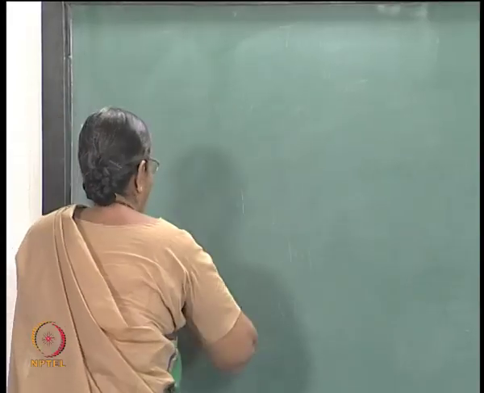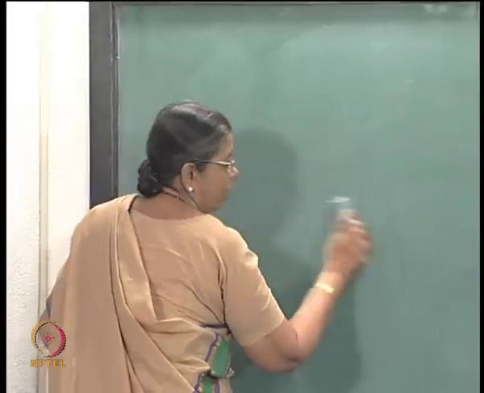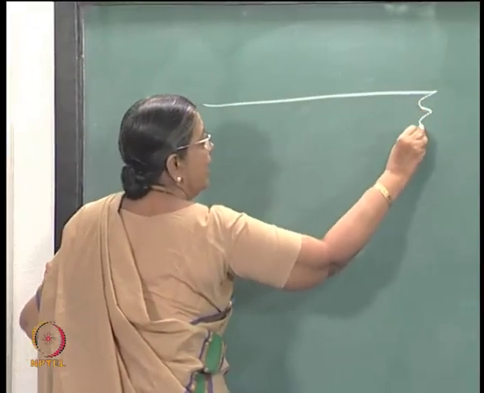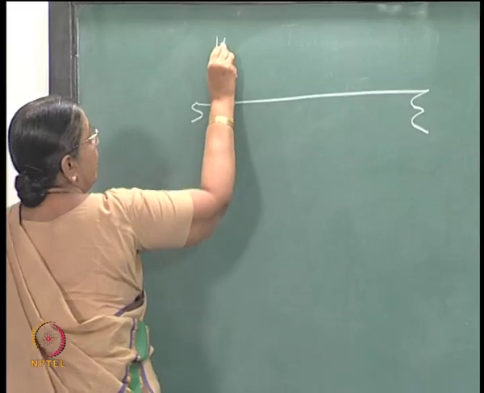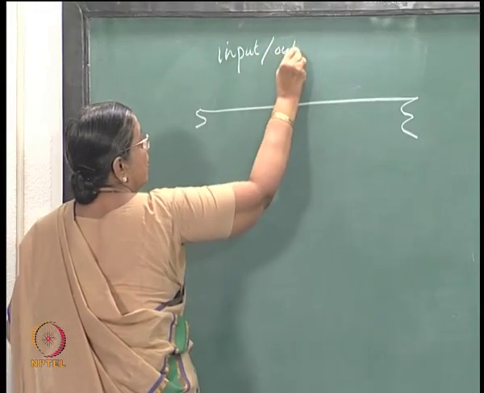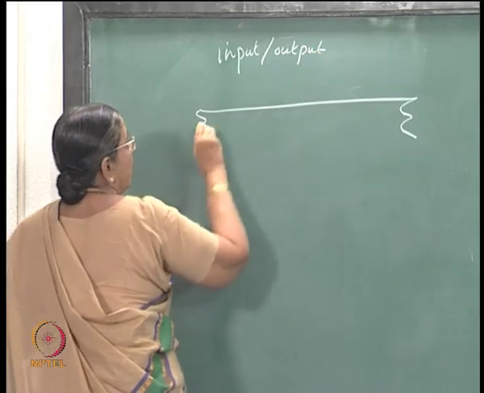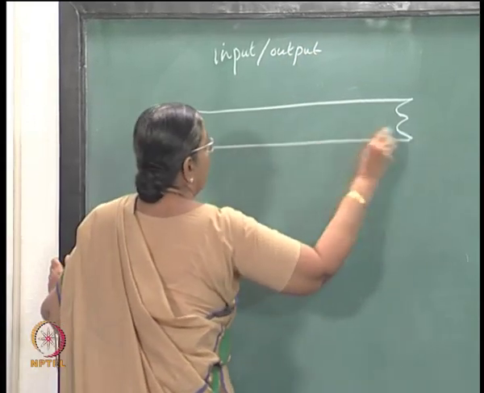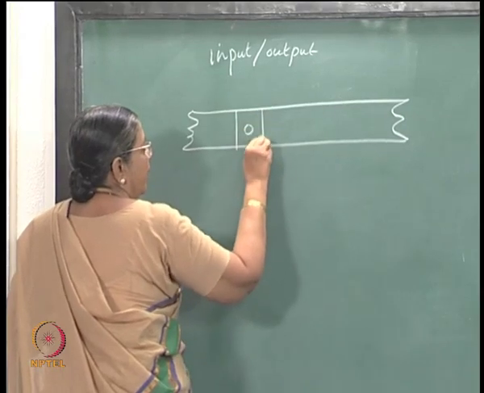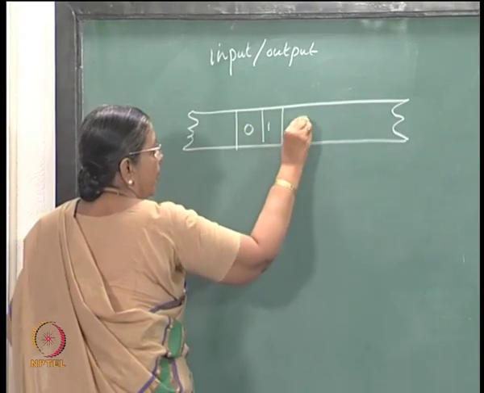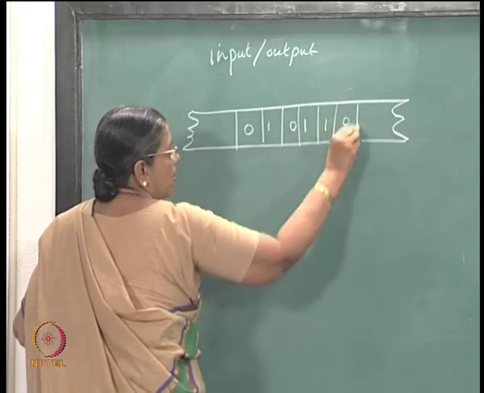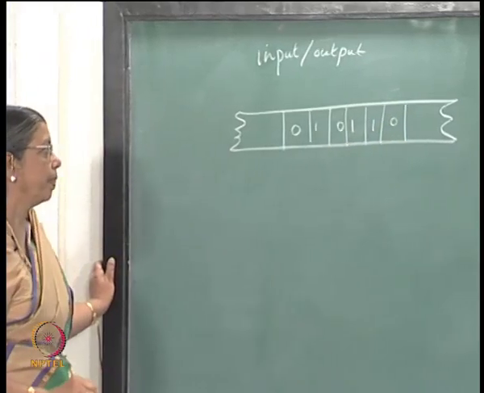So, let us go to the formal model and consider one or two examples. Initially, I will take it as an input-output device. You are having a binary number or binary string, something like that.